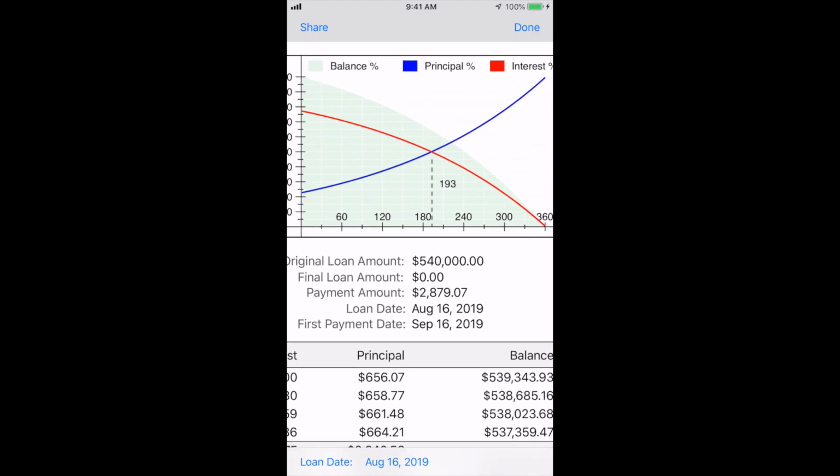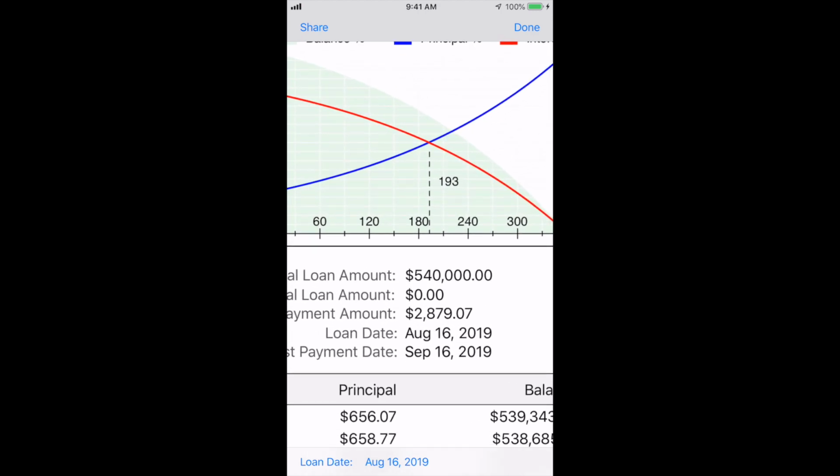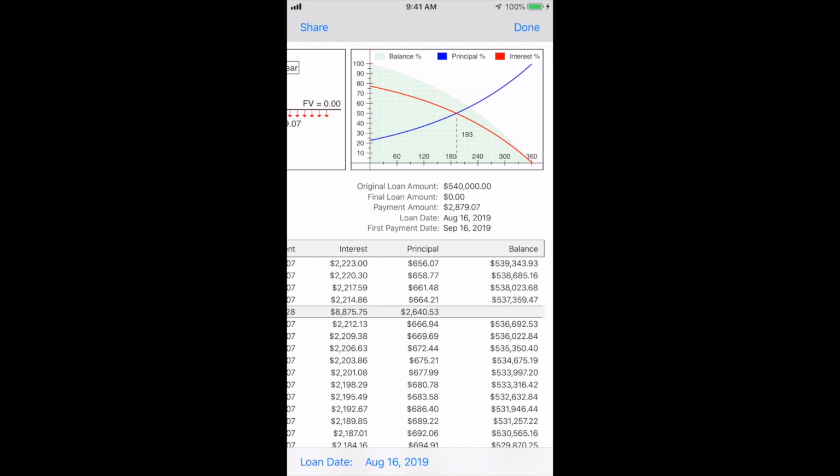So you can see that this is 193 payments in. It's over the halfway point of the loan before the majority of your payment every single month is actually going towards paying down your principal balance. That means that up until then, the majority of your money is being used to pay for the cost of that debt, which is interest.